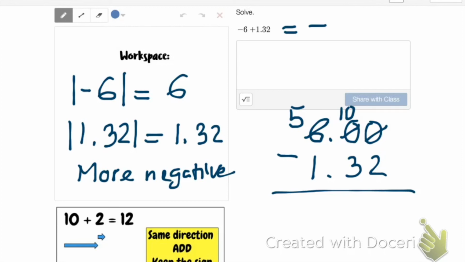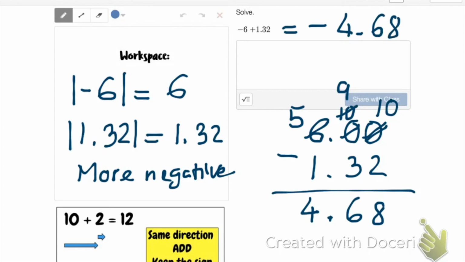Now 10 cannot, so I borrow 1 more in here, and we're ready to subtract. So 10 minus 2 is 8. 9 minus 3 is 6. 5 minus 1 is 4, and we drop down the decimal. So our answer is going to be negative 4 and 68 hundredths.